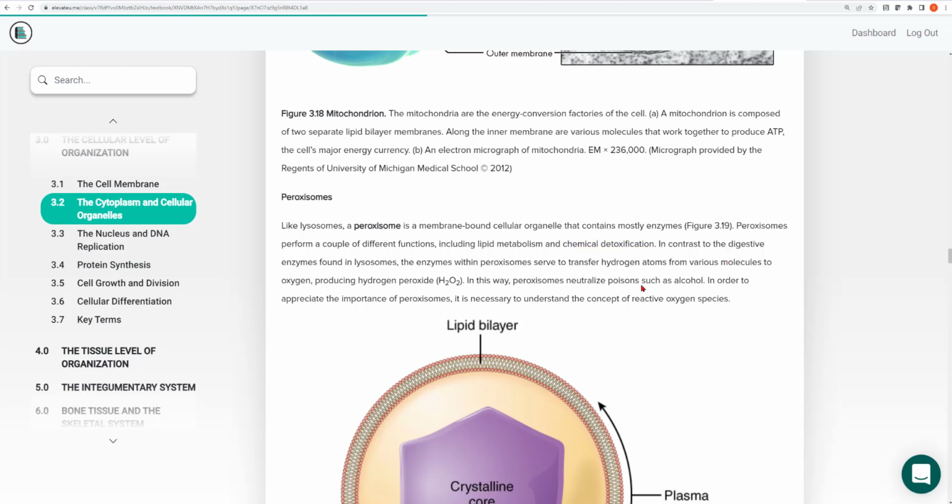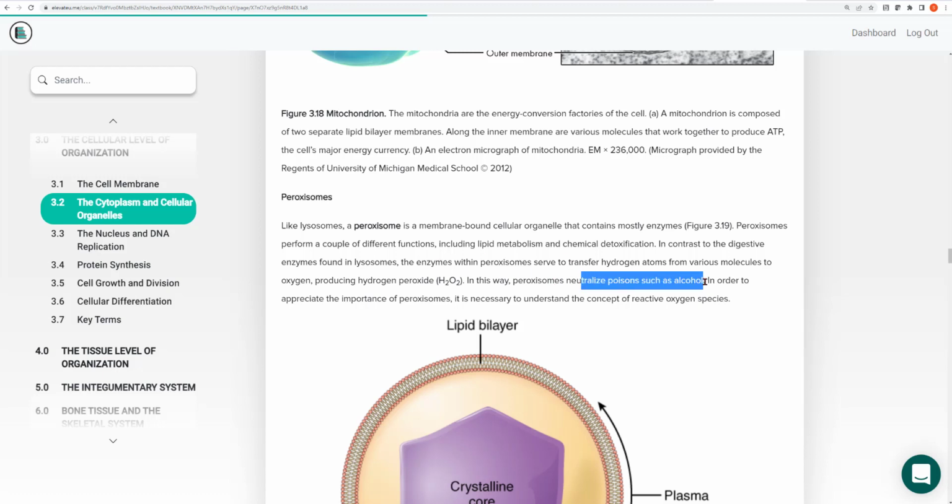We can't stop hearing about the fact that every time we breathe in, just by the fact that we're breathing, we're creating reactive oxygen species. You may have heard of this term. And we take antioxidants, our vitamins, to fight off these reactive oxygen species. In addition, peroxisomes also help with neutralizing poisons.